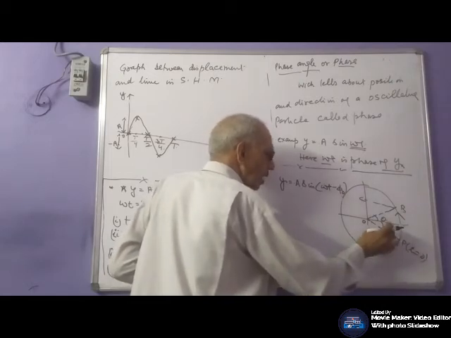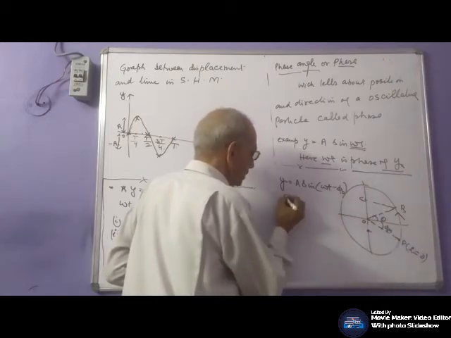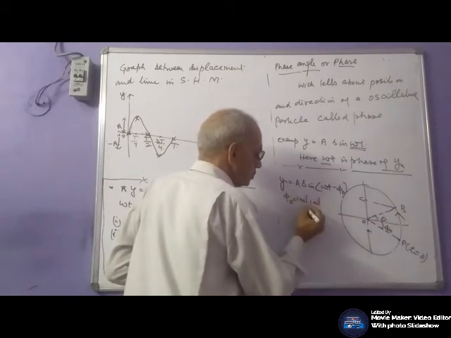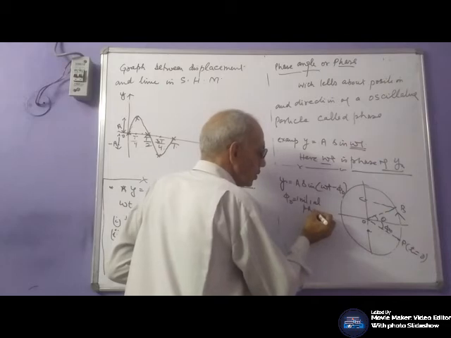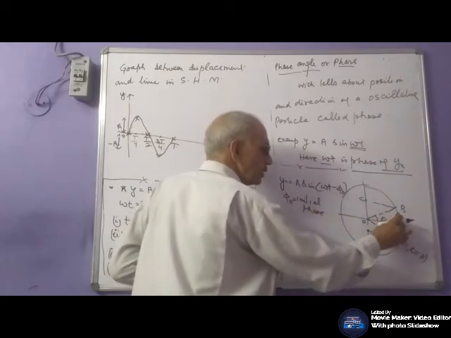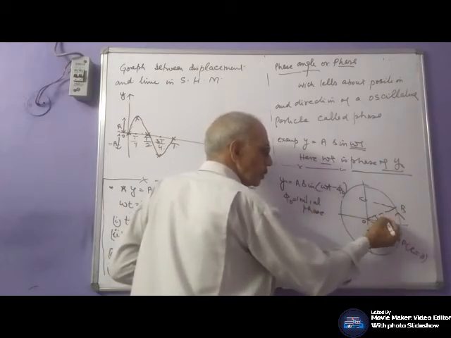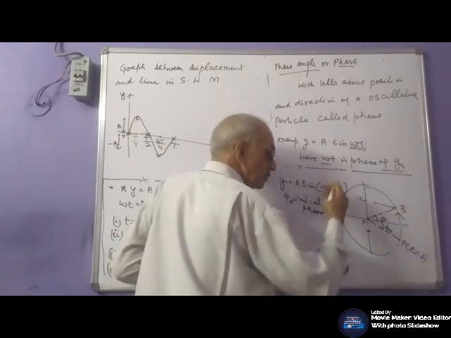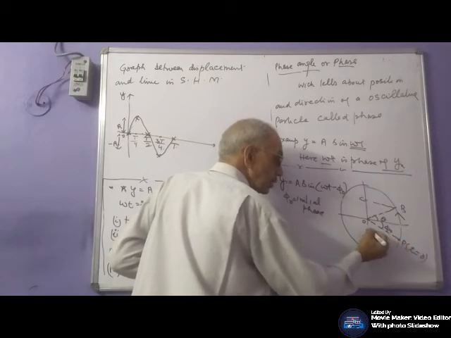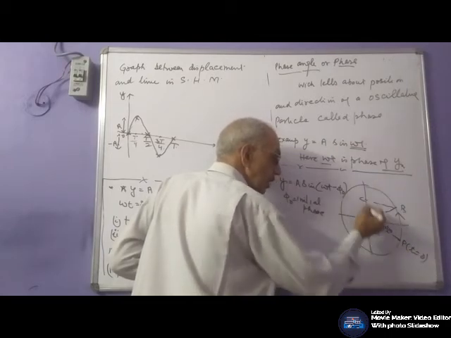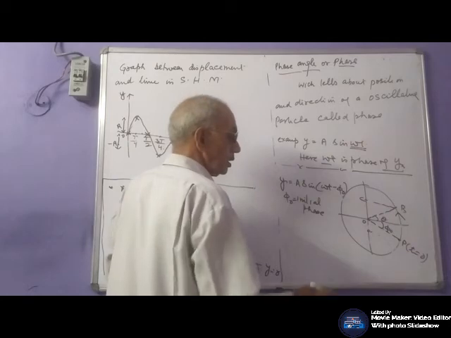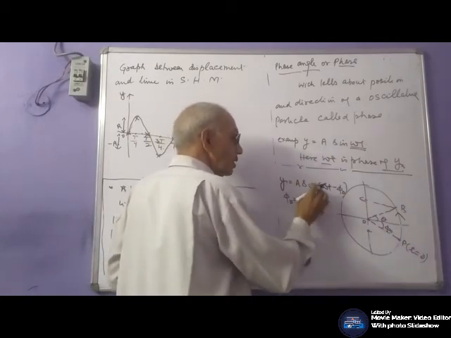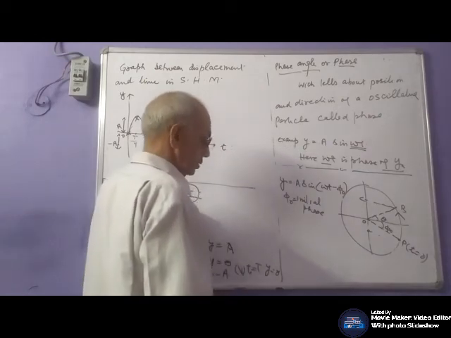This phi naught is called initial phase. यहां से स्टार्ट किया, phi naught is 0, phase is omega t. यहां से स्टार्ट किया हमने सर्कुलर मोशन, मींस फुट. यहां से स्टार्ट किया ऑसिलेशन, एट दिस पॉइंट, पीछे से बैक. तो y इज A sin (ओमेगा t माइनस phi naught).